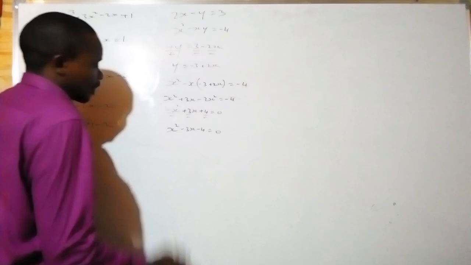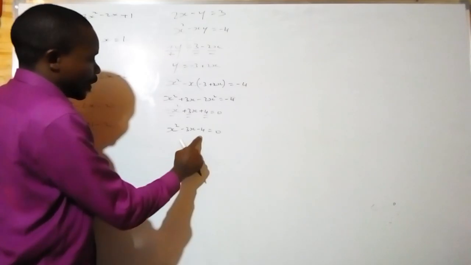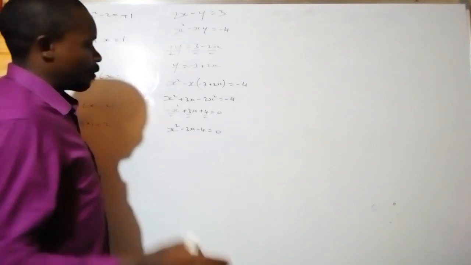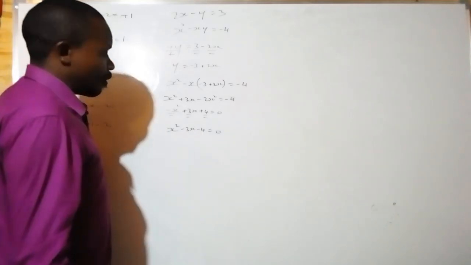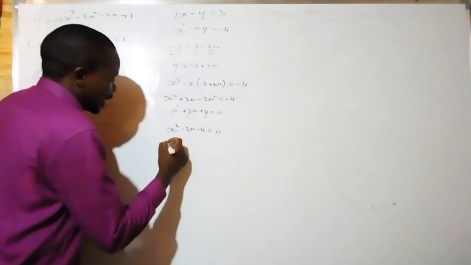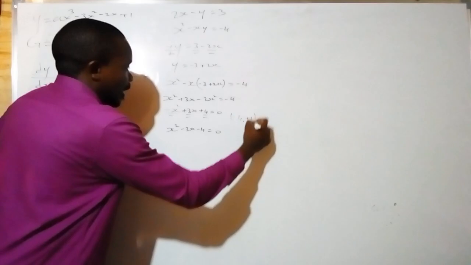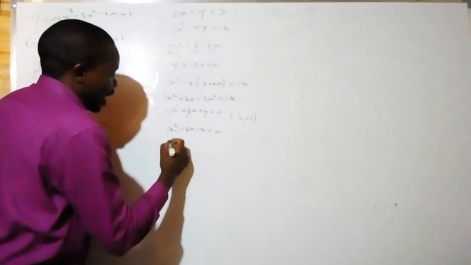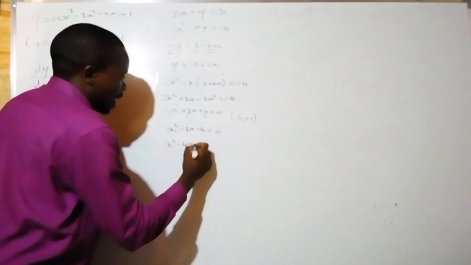The first and the last, 1 times 4 is 4. We want the factors of 4 that will give you negative 3. They are supposed to be negative 4 plus 1, which gives negative 3. And we are going to have x squared minus 4x plus x minus 4 is 0.